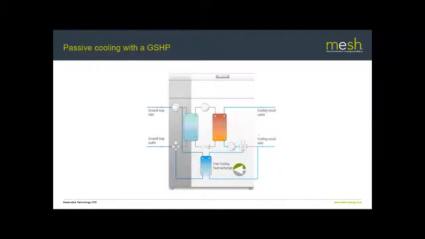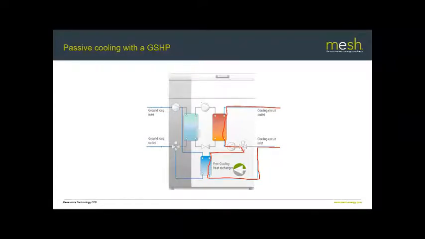On the other side, water from the heating and cooling circuit is brought into the heat pump. Here it's diverted through the free cooling heat exchanger and back out into the cooling circuit.